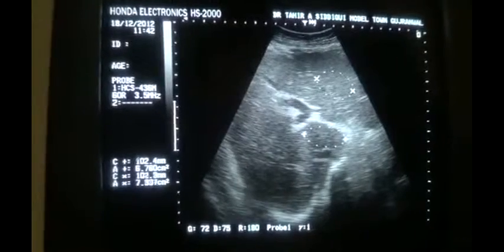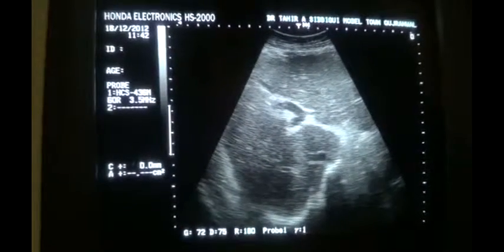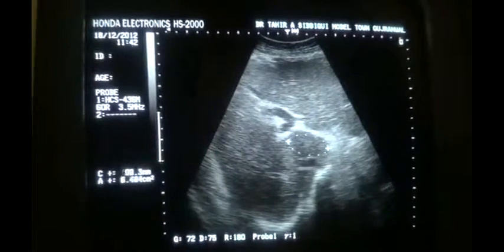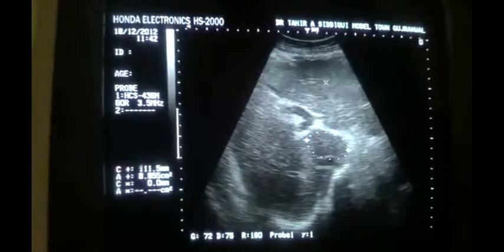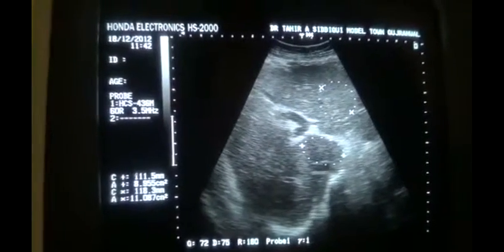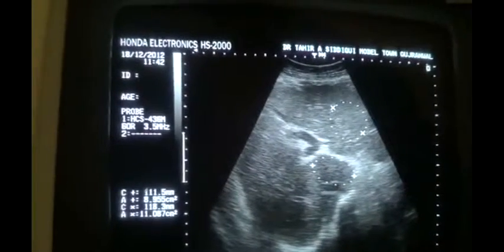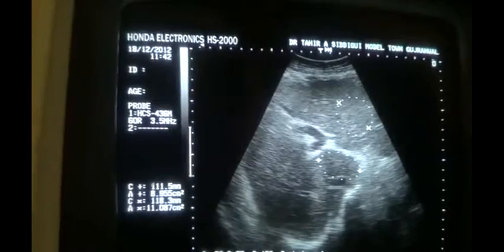Now you can see that this is a cirrhotic liver. This is segment 1, the caudate lobe, and this is the cirrhotic liver. You can also see that there is a difference in echogenicity, echo brightness, echo texture. You are seeing coarseness as well.